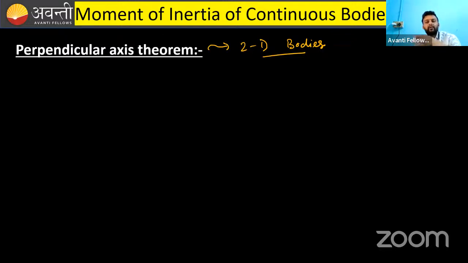So it is not valid for three-dimensional or thick bodies. It is valid for thin bodies only. So if I say use perpendicular axis theorem for a solid sphere, you cannot use that because it is valid only for two-dimensional bodies.